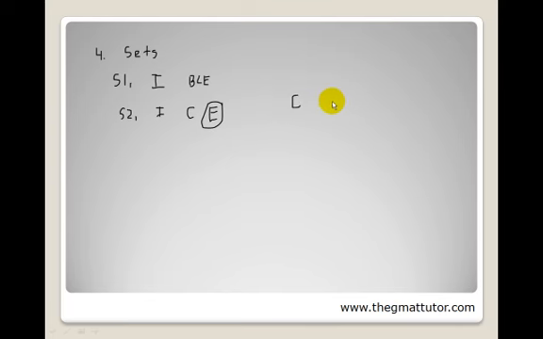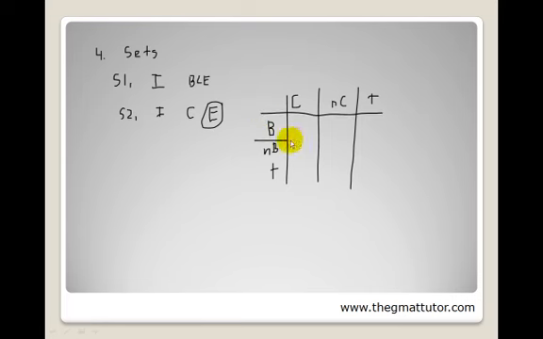When doing an overlapping sets problem, I often recommend the use of a table, which would look something like this. You have students in chemistry, students not in chemistry, and then the total. And then you have students in biology, students not in biology, and then the total. Usually on these data sufficiency problems, they'll give you information that allows you to fill in the various boxes in the table.